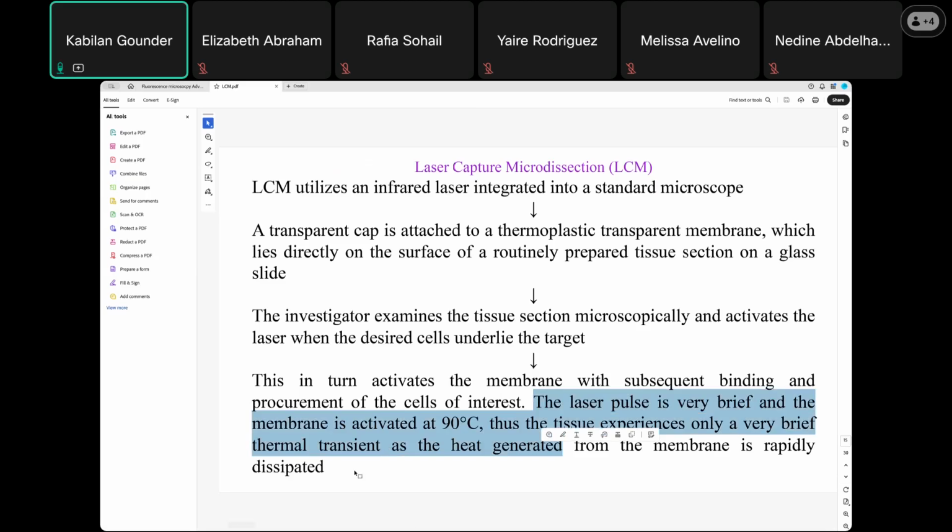During that time, that 90 degrees centigrade generated by the infrared is a very brief thermal transient, as the heat generated from the membrane is rapidly dissipated. That is why it does not degrade or affect any nucleic acids.